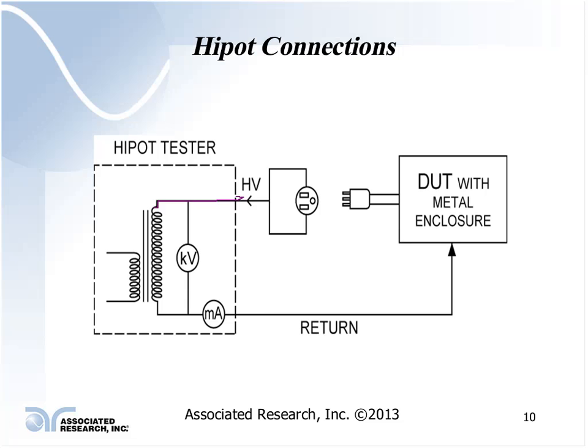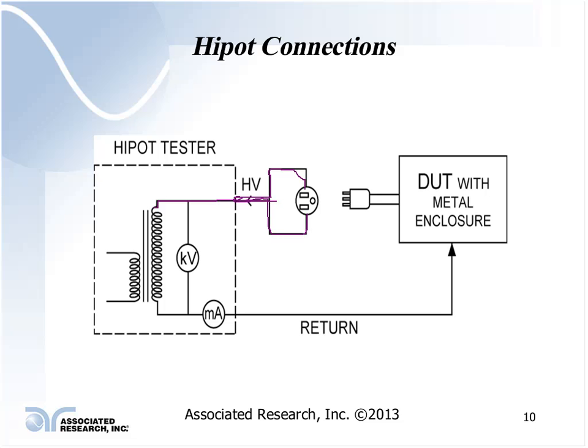We supply an adapter box that goes with many of our products, where if you're testing a product that has a 2-prong or a 3-prong plug, it makes it much easier to perform the test. Inside the box, we essentially short the hot connector to the neutral connector, and both of those are tied to the high voltage. Okay.